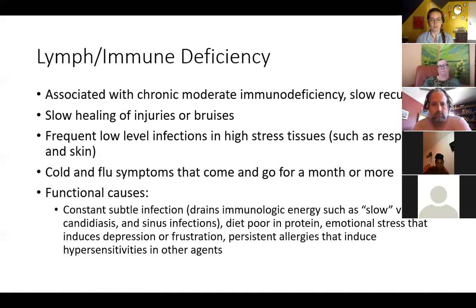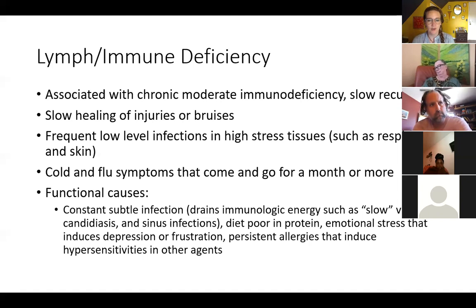You always use most of your organ systems all the time, obviously, but your respiratory system and your skin never rest the way parts of your digestive system do, if that makes sense. So these frequent low-level infections can happen in parts of the body that are just exhausted because they're always working, and your body doesn't have what it takes to fight it off. So it goes to the weakest and most stressed out area.